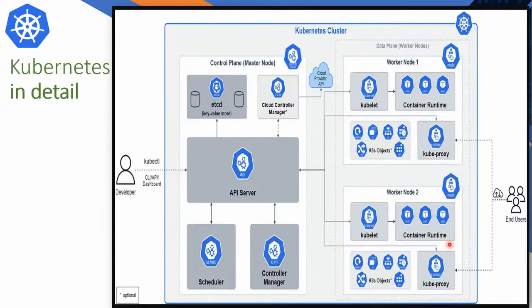I had a question. What I was trying to understand: if any pod goes down, one pod contains one container, as you mentioned, and that container contains what? The container contains an image.